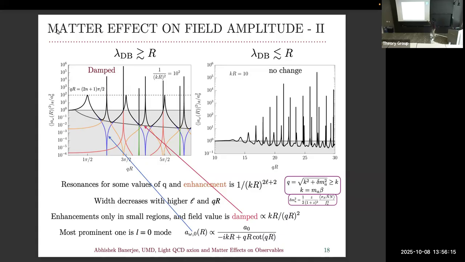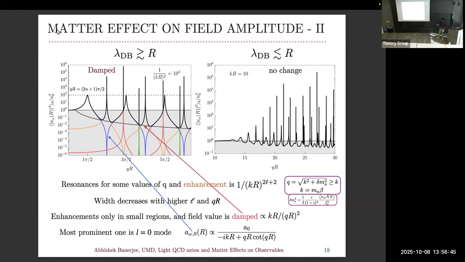If my height increases, another way to say it is if I'm getting sharper and sharper, then the width would be smaller and smaller. Fine. But the resonances are not that common, right? It's not a generic feature. What is a generic feature is that there is a decrease, and that decrease in the field amplitude is damped, and the damping part is kr over qr square.